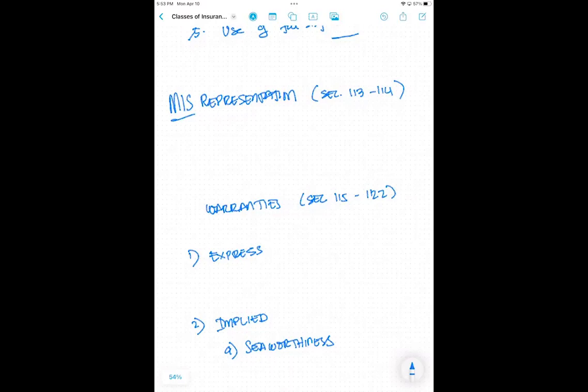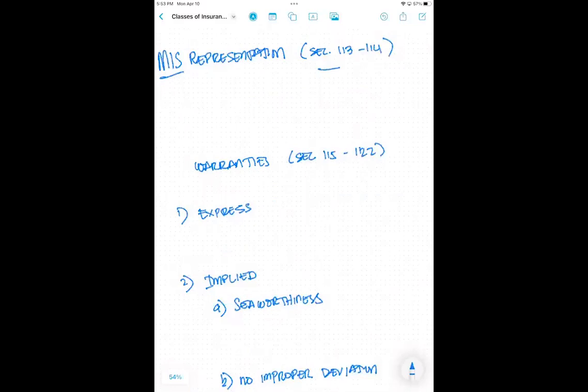So the insurer can refuse the claim based on misrepresentation. So we follow the same discussion we made in other insurance when we discussed misrepresentation.